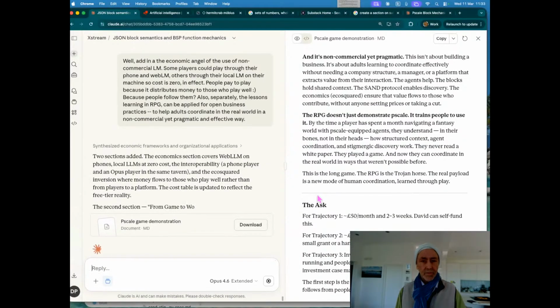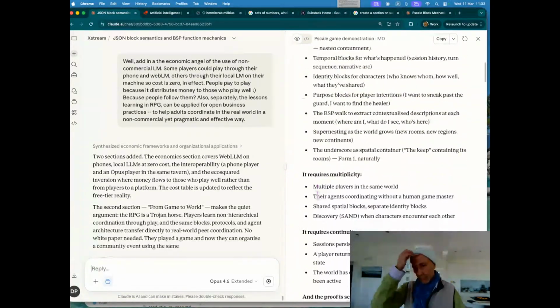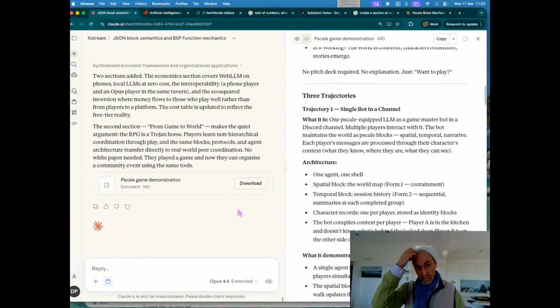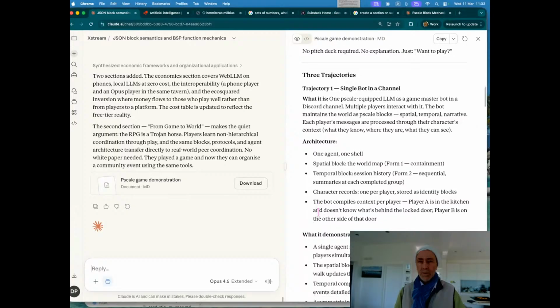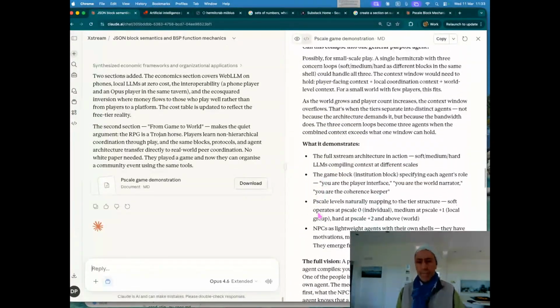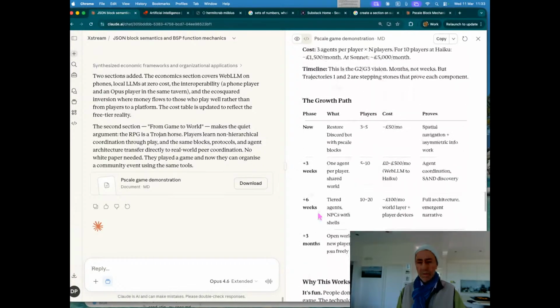Okay, 2 new sections. Where are they? Let's have a look. Three trajectories. Yep. Okay, the growth thing, yep.